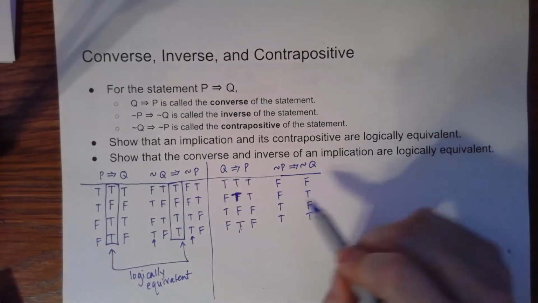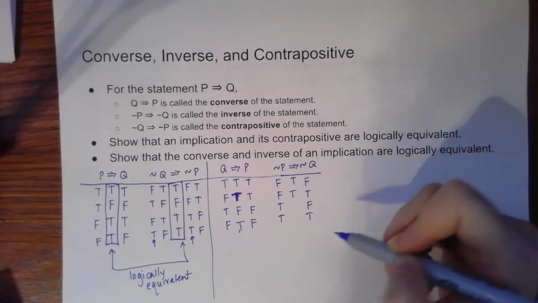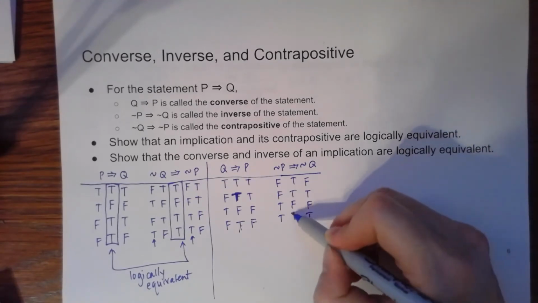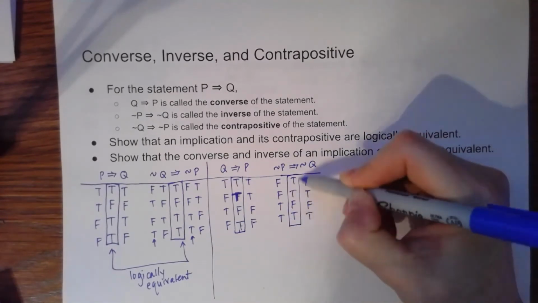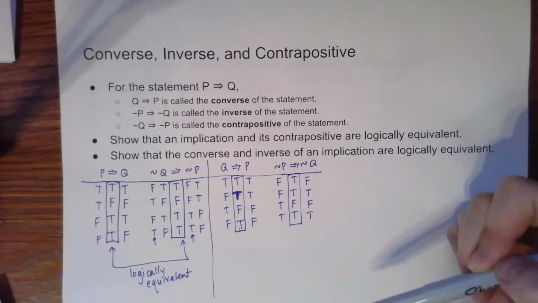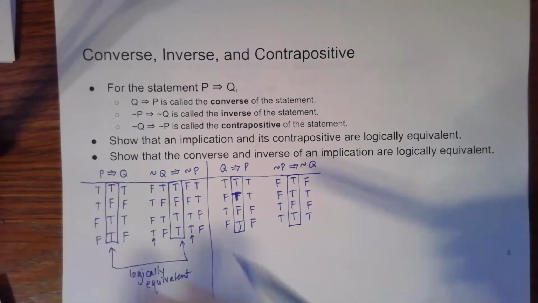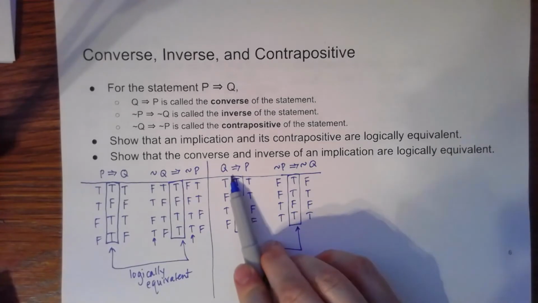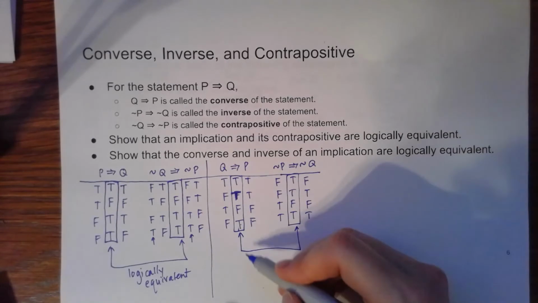Over here we have false implies false is true, false implies true is true, true implies false, that's our only false one, and true implies true is true. These are the two final values we should be comparing. Notice they're exactly the same: true, true, false, true. And they're not the same as the earlier ones. So they're not logically equivalent to either of those, but they are logically equivalent to each other. So the converse and the inverse are logically equivalent.